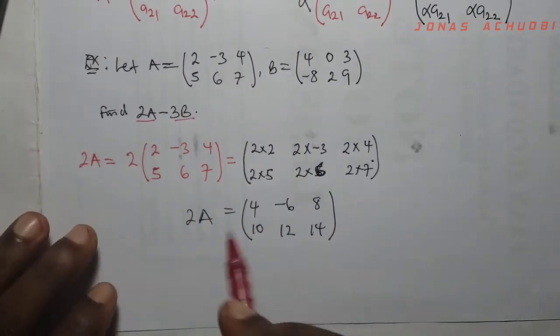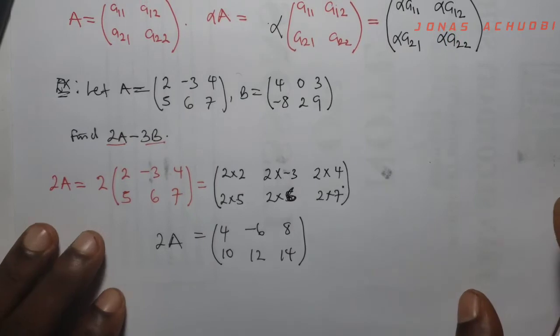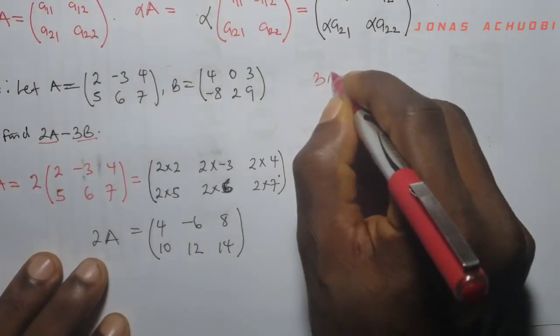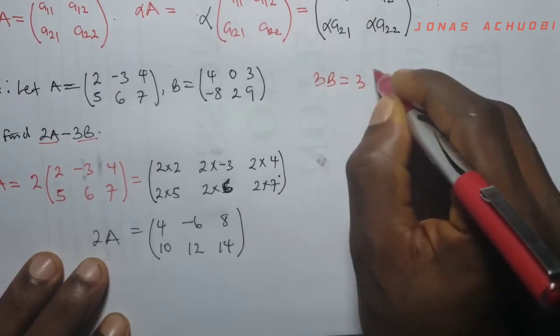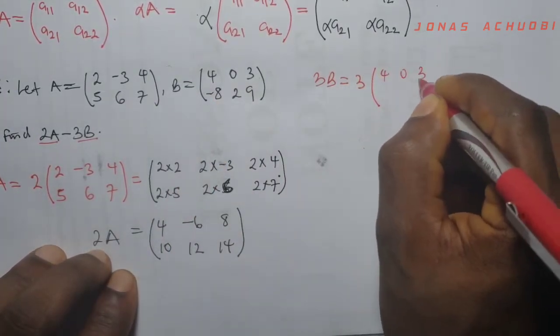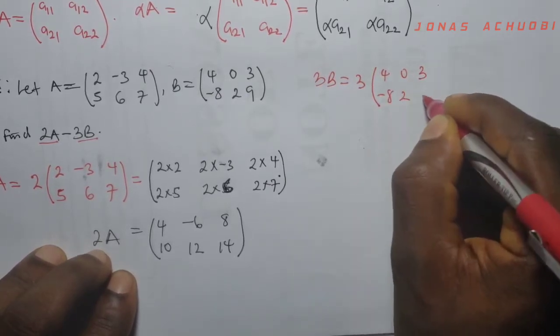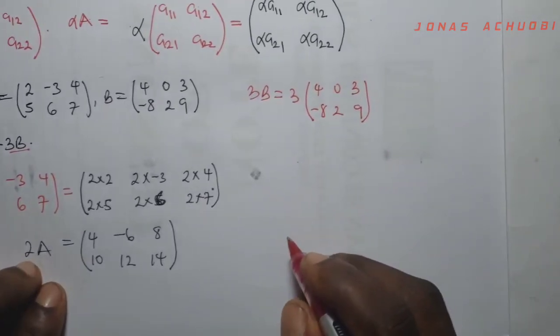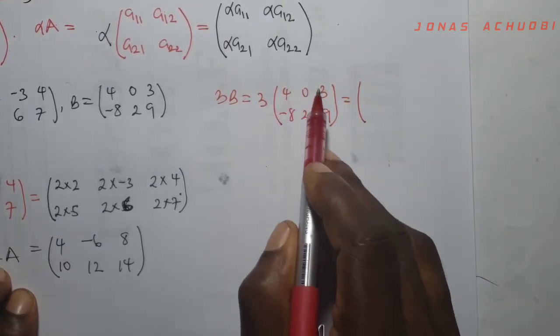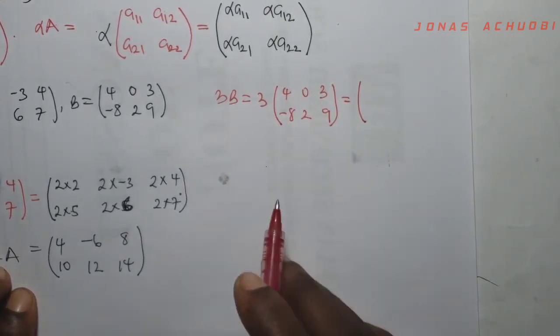On the other hand, we'll check what 3B is and then find this difference. So 3B also means multiplying the matrix B by 3. Matrix B is 4, 0, 3, minus 8, 2, and 9. Like we did before, this simply means multiplying each entry of the matrix by the scalar 3.